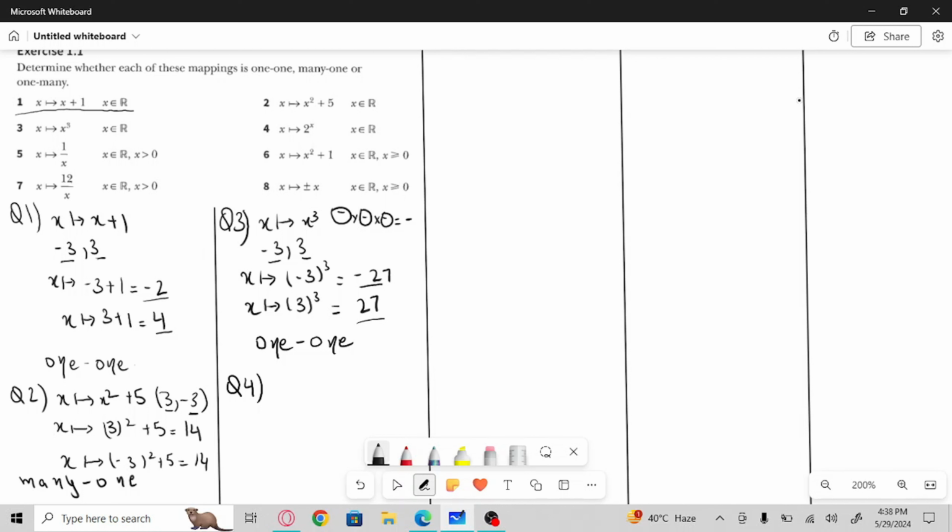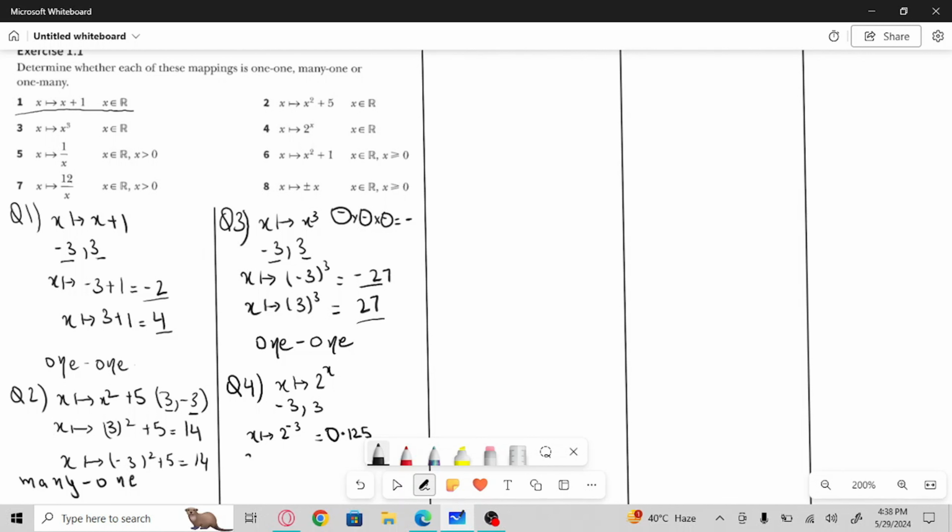So question number 4: x is mapped to 2 to the power x, where x belongs to the group of real numbers. Again, we are going to take two random inputs, -3 and 3. If we input x is mapped to 2 to the power -3, we get 0.125.